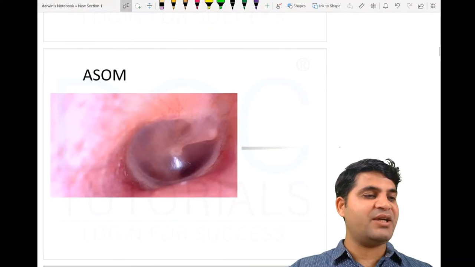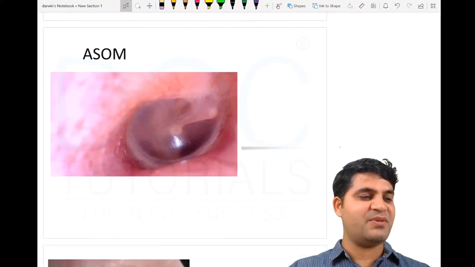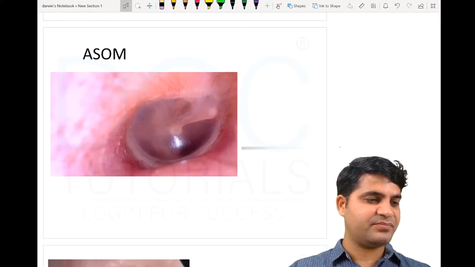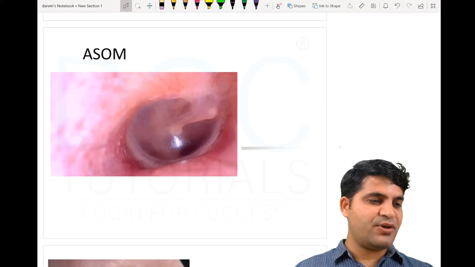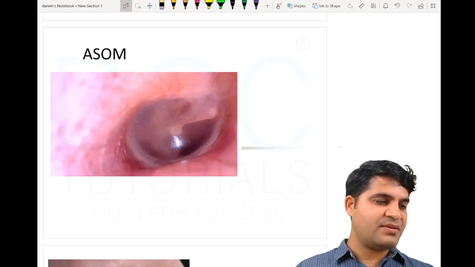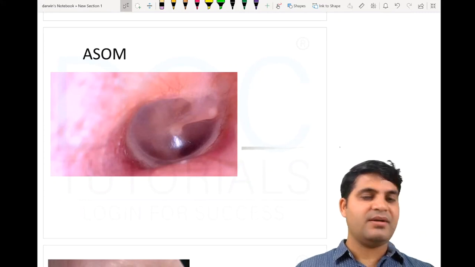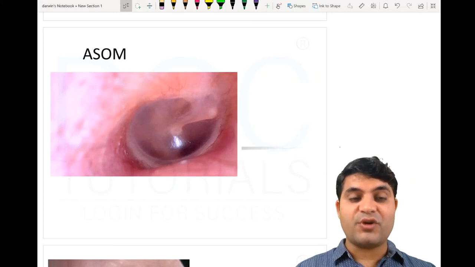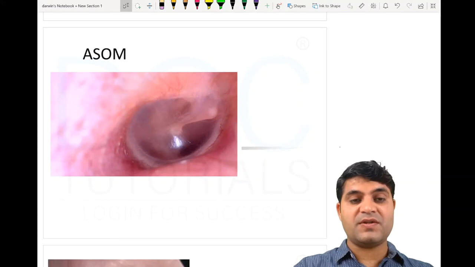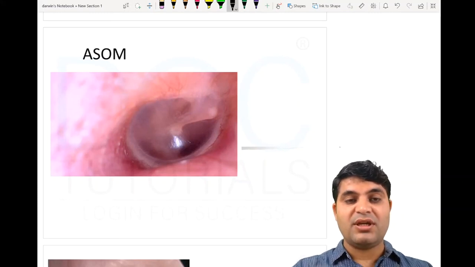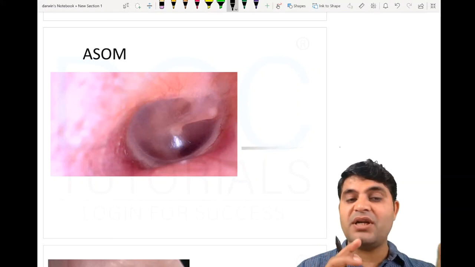Now coming to acute suppurative otitis media. Okay, so yes, I am getting your responses. So good. Now dear students, what you are able to see in this picture is, can you appreciate some fluid inside the middle ear?